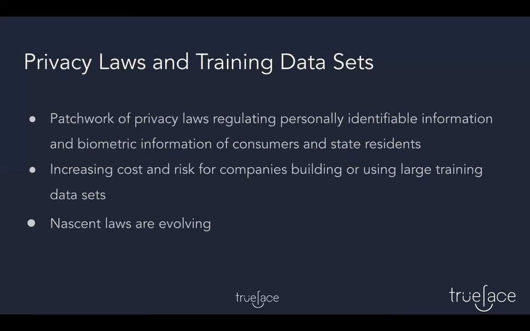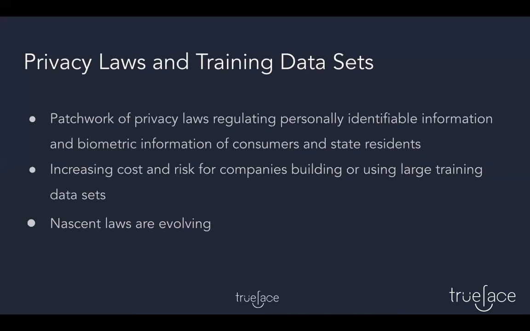So let's talk a little bit about the law, right? You've got a deluge of privacy lawsuits currently being litigated. A popular one right now is under the Illinois Biometric Information Protection Act and other similar laws.